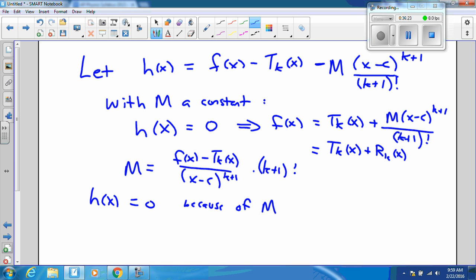But h of c is equal to f of c minus T_k of c minus nothing, because c minus c is 0. And you may remember that the way that we constructed our Taylor polynomials was using the best estimate requirement, that the Taylor polynomial agrees with the function right at c, so that h of c is necessarily 0 also.